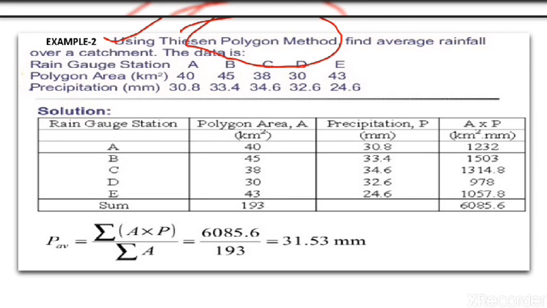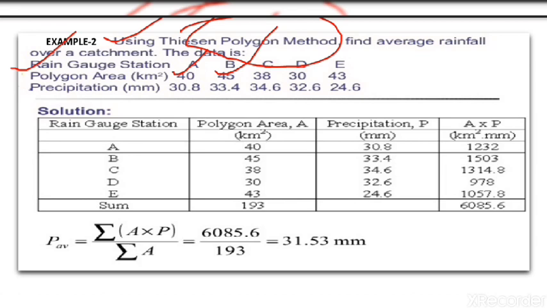The data is, first, the rain gauge stations A, B, C, D, E. Here a total of 5 rain gauge stations are given, and the corresponding polygon area is given in square kilometers: 40 corresponding to station A, 45, 35, 30 and 43.